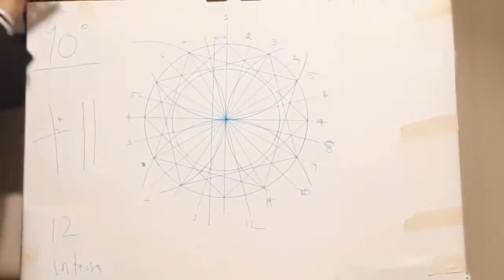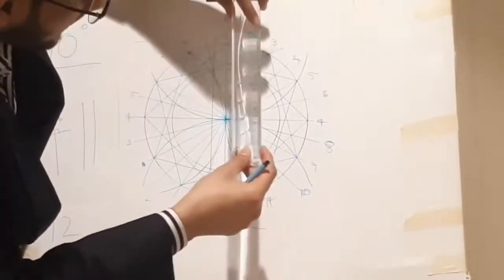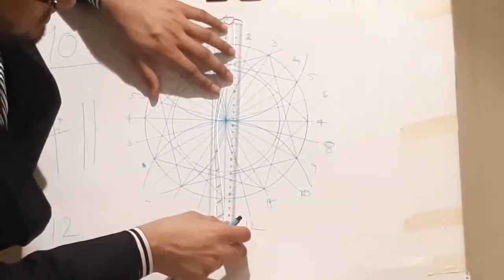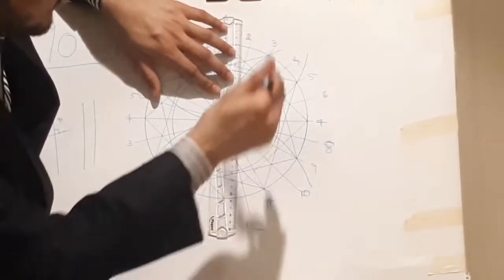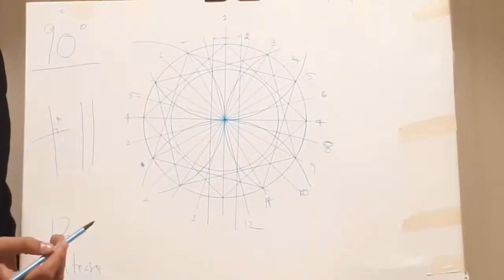So what I'm going to do is, I will draw another line which will pass from this point to this point. Center line. So remember that the distances must be equal and as accurate as possible.